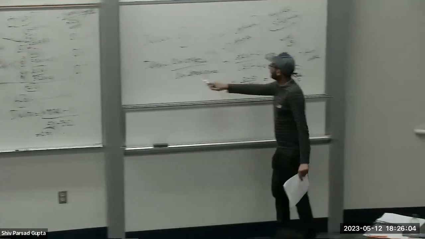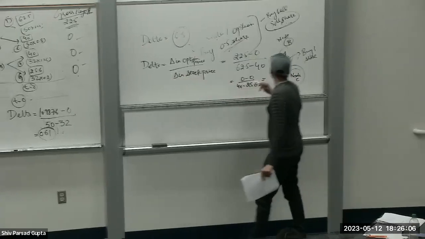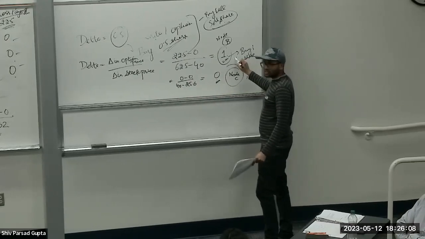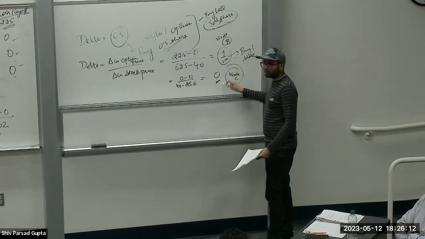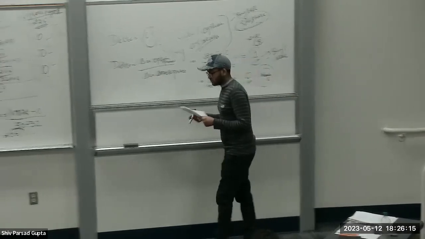And at T is equal to 3, we'll be selling 1 minus 0.61 shares, and we'll be liquidating all the positions.